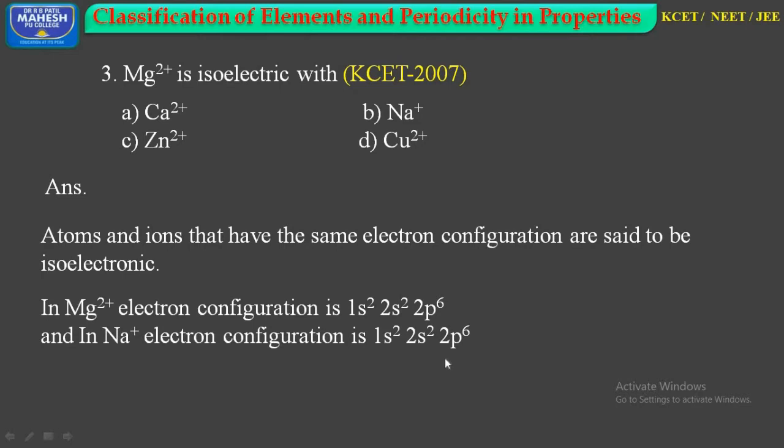With this, we can conclude that magnesium cation and sodium cation, students, have the same electronic configuration with 10 electrons each. So the right answer is option B, sodium cation.